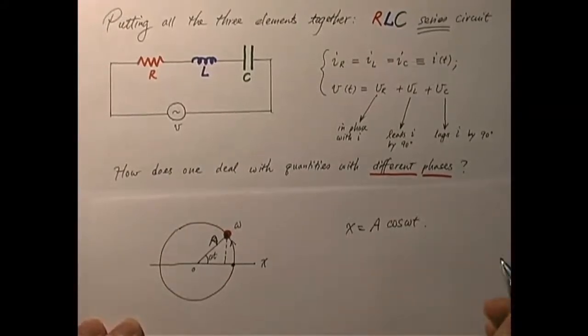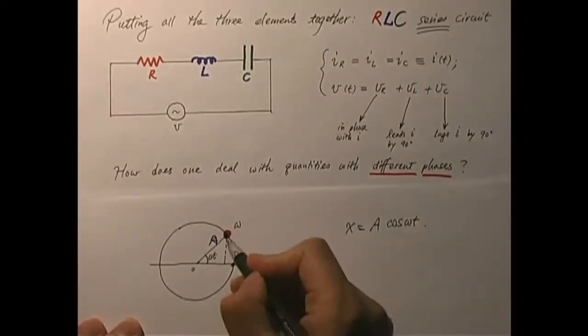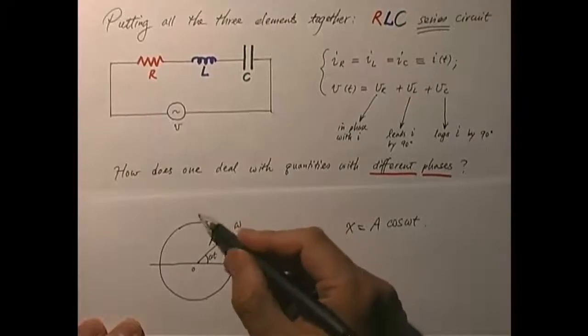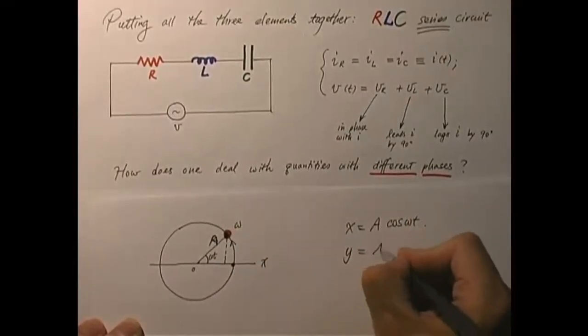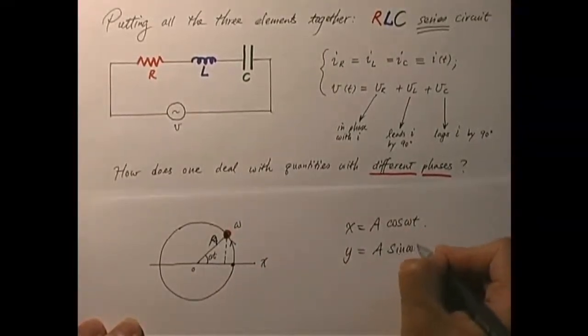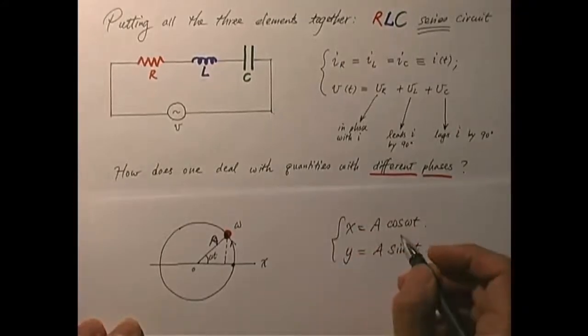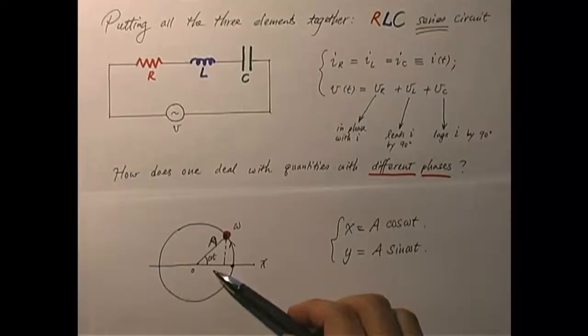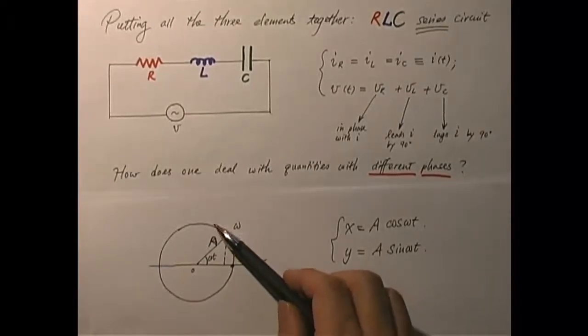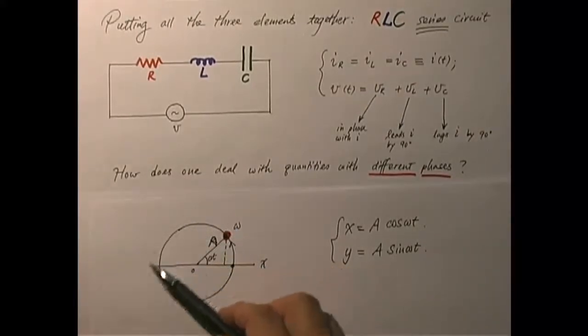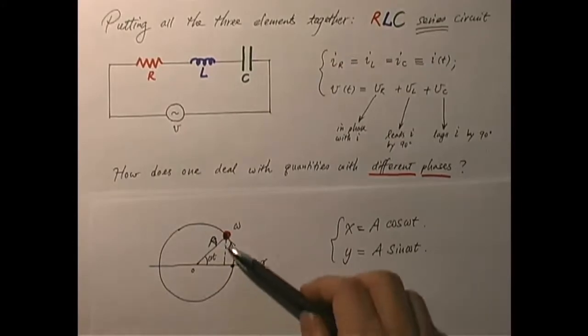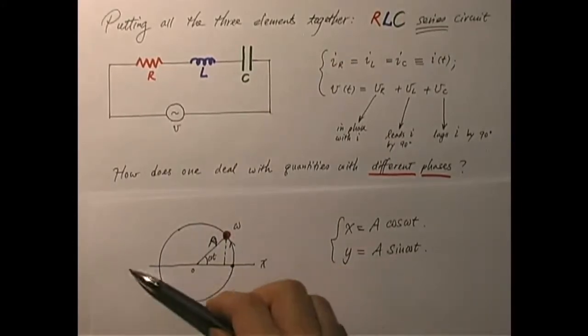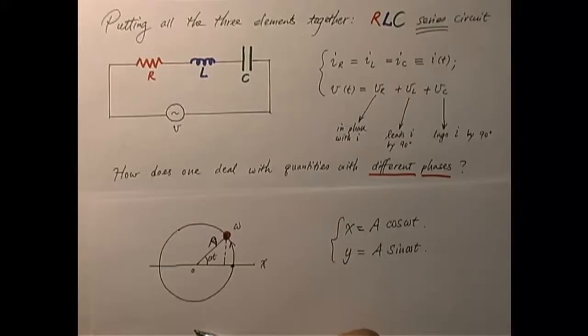As a matter of fact, even in the y direction, the shadow gives y equals A sine omega t. That is also a simple harmonic oscillation. So I can get a simple harmonic oscillator by looking at a dot doing uniform circular motion, and then projecting that dot as a shadow onto either the x-axis or the y-axis.